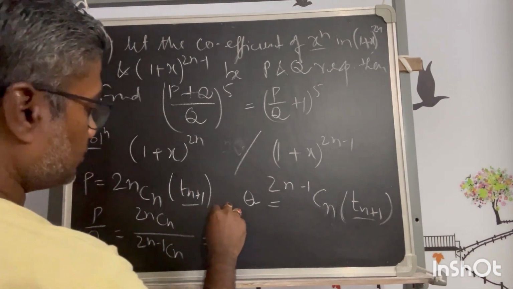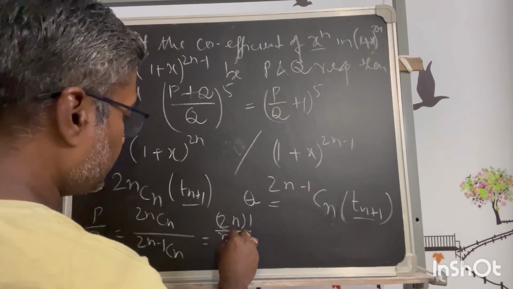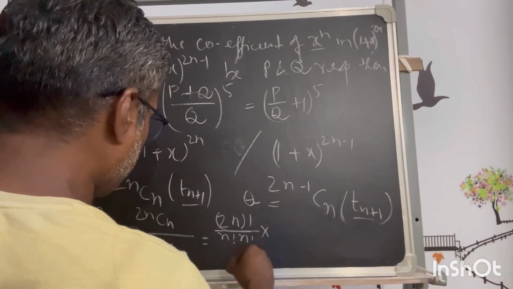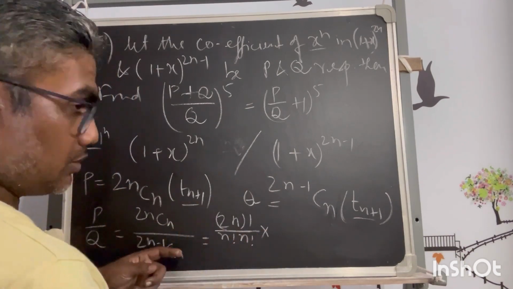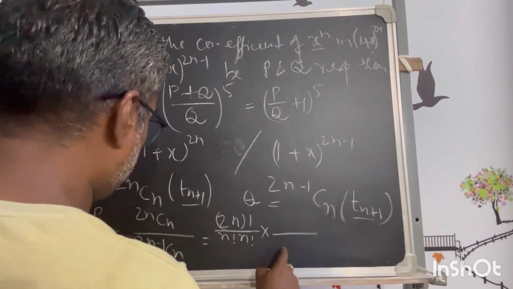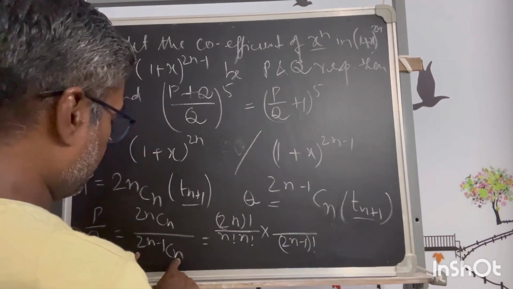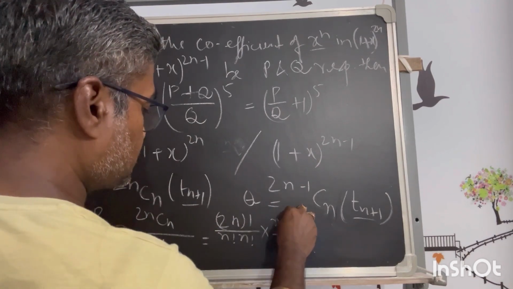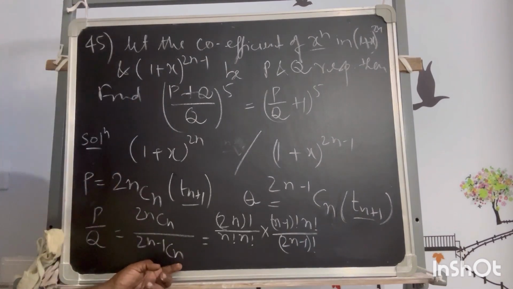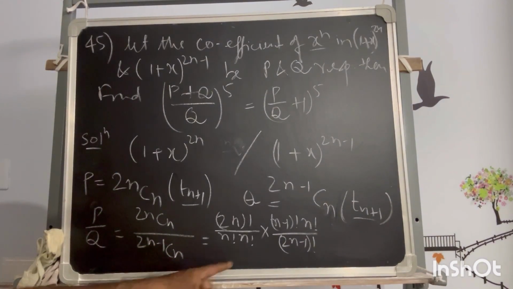So if we break 2n factorial, n factorial, n factorial, and it will topple, it will go up and down. So the thing will come at the bottom, (2n minus 1) factorial and (2n minus n), so this will be (n minus 1) factorial and n factorial will come. Okay, n factorial, (2n minus 1 minus n), so (n minus 1) factorial.